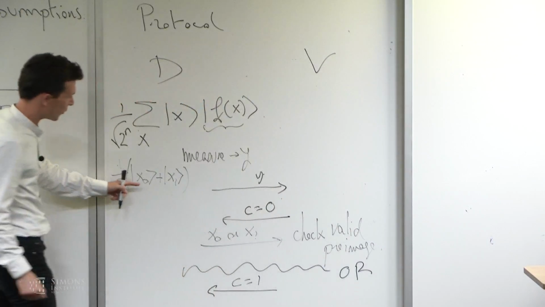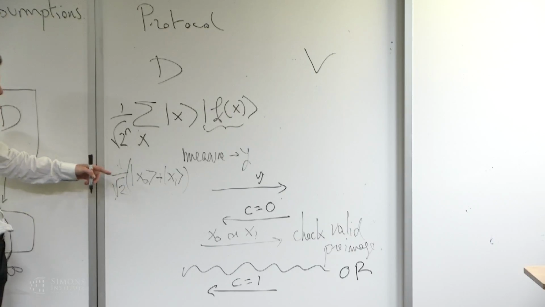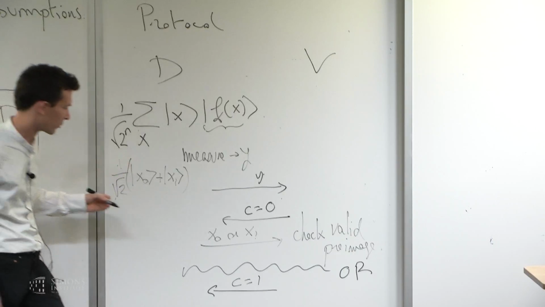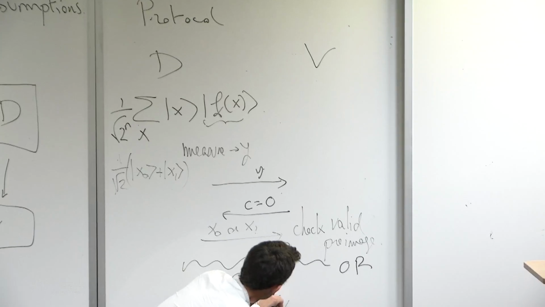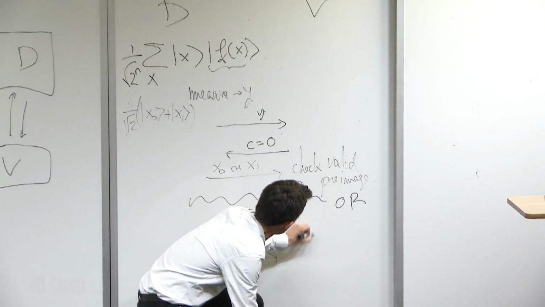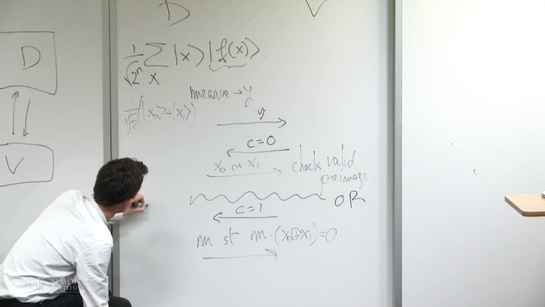So what the device should do is apply a Fourier transform over Z2 and then measure. And if it does that, it's going to get an equation in the parity of x0 and x1. So it's going to return to me an m such that m inner product x0 plus x1 equals 0. Measure Hadamard.